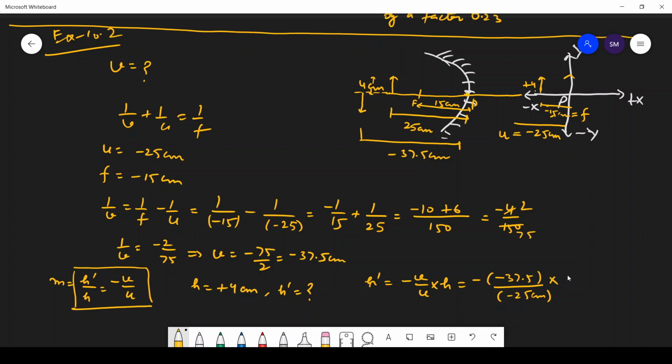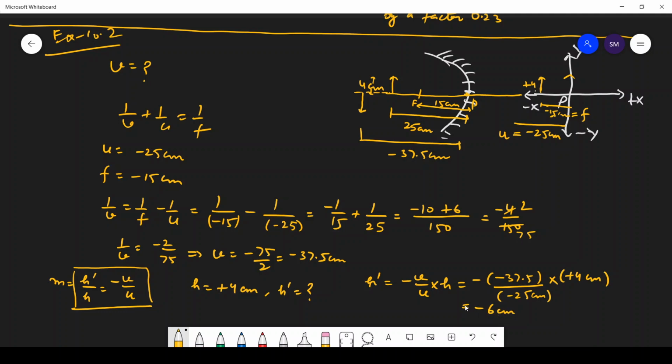Multiply by, what is h? H is also plus 4 centimeter. So this negative will cancel out, but still you have one more negative. So the answer will be negative. And when you will solve it, it will come out to be minus 6 centimeters.